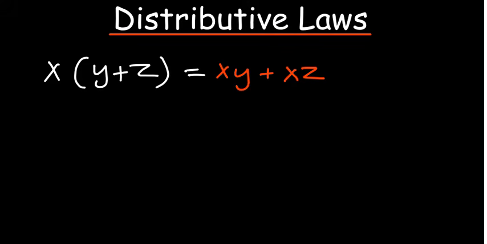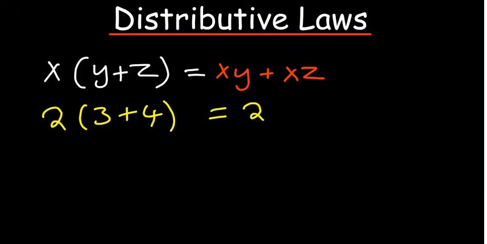Now this means that in a case where you have 2 with maybe 4 plus 7, let me work with simpler numbers to make things easier. Let's say 3 plus 4. This is as good as saying 2 times 3 and then again 2 multiplied by 4.